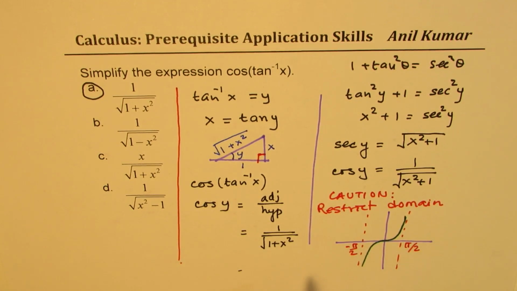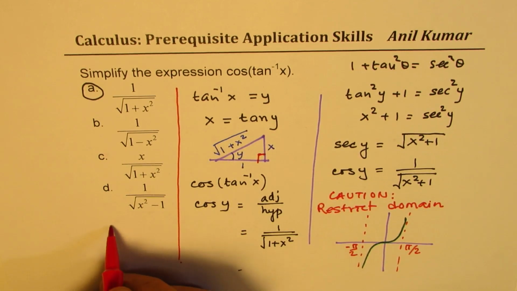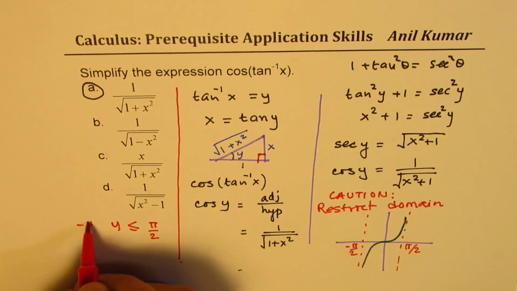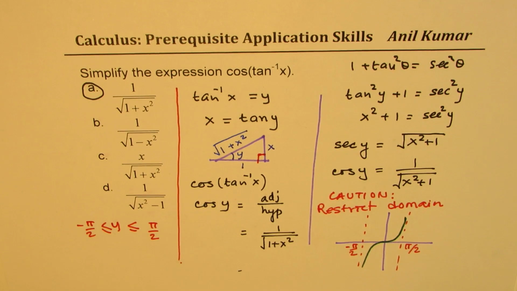So when we solve this question, in that case, we have to say that the angle is within this interval. Do you get the idea, right? So we have to say that the value of y is between pi by 2 and minus pi by 2. Is that clear?